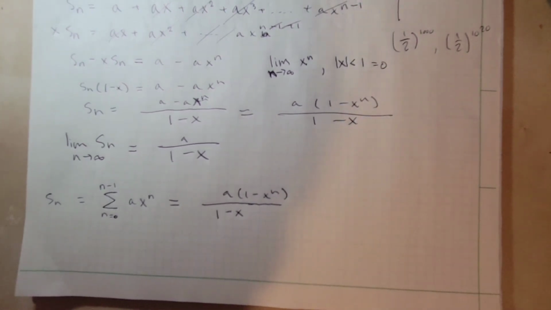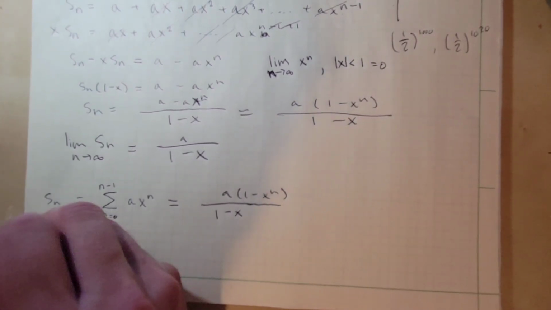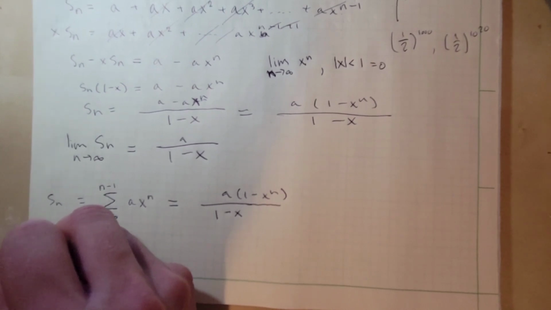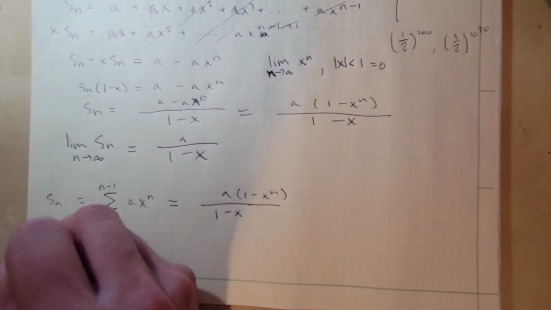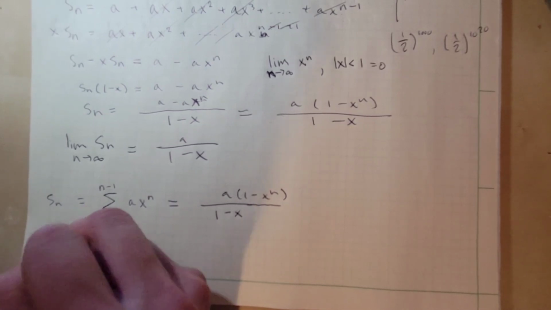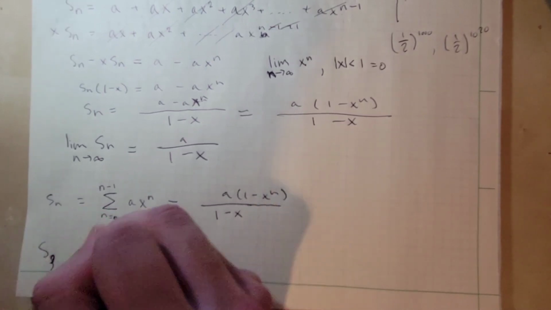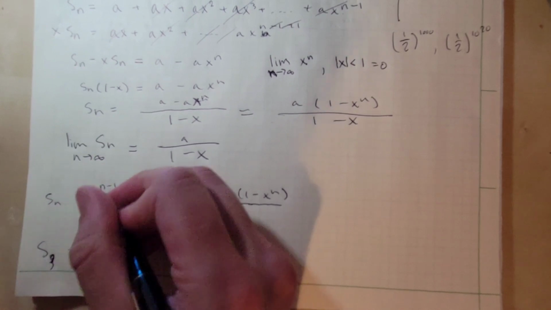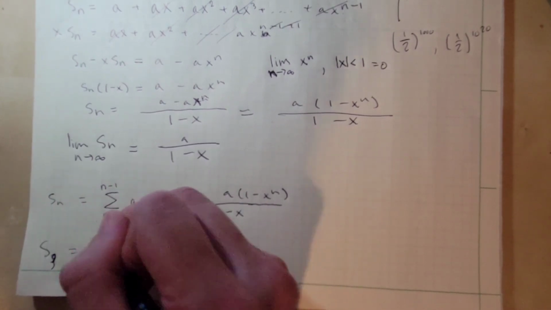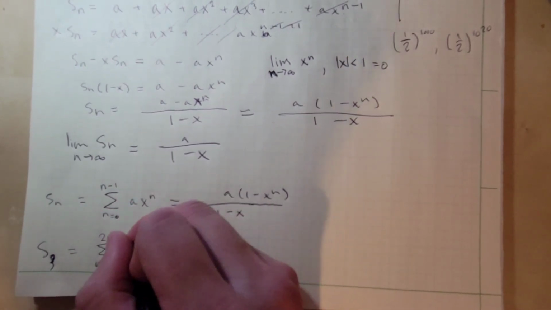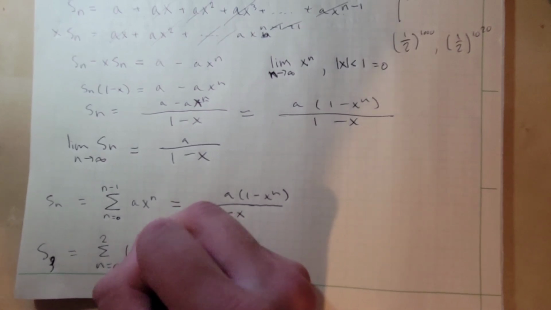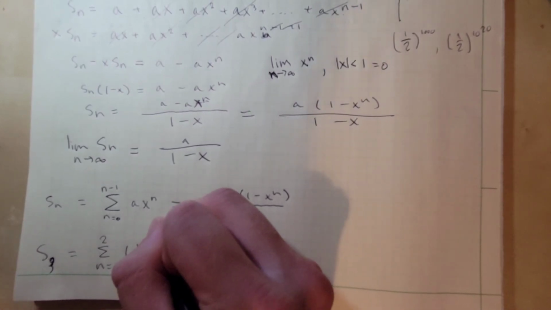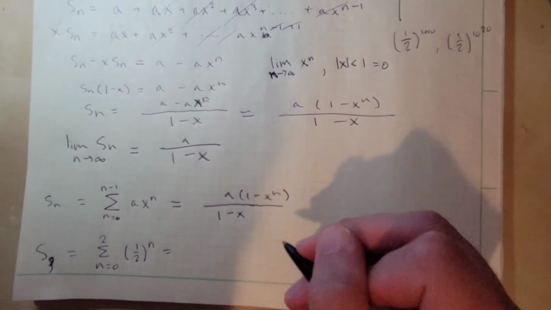So now let's plug in some numbers and think about this and see if it makes sense. So let's check the first three terms. S sub 3 will equal the sum from n equals 0 to 3 minus 1, which is 2 here. Let's just keep a to be 1 for simplicity's sake and let x be 1/2. What are we going to get here?